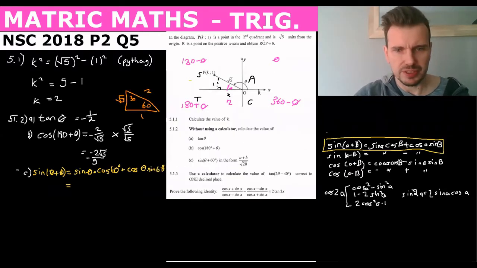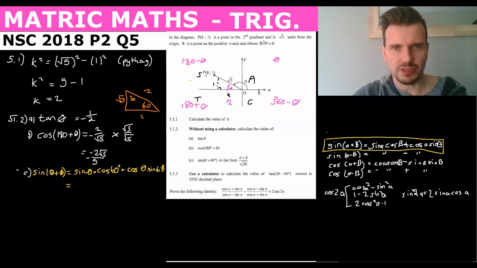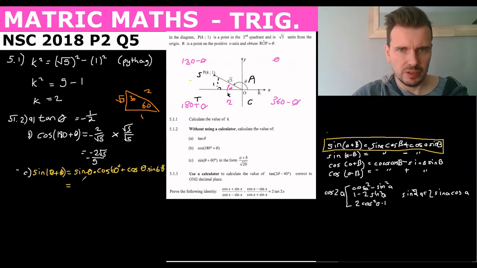Okay, so then sine theta is positive, so that's fine. So that's opposite over hypotenuse.